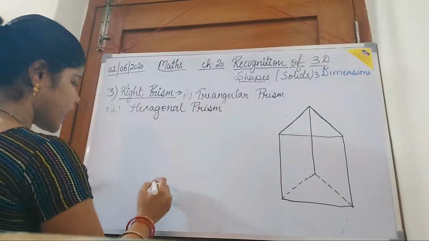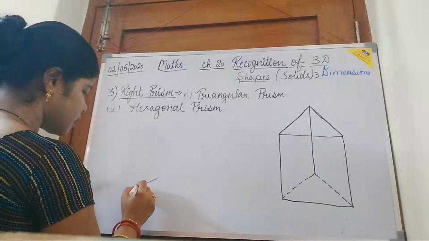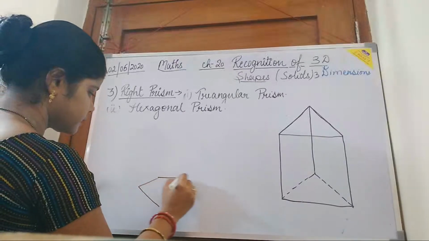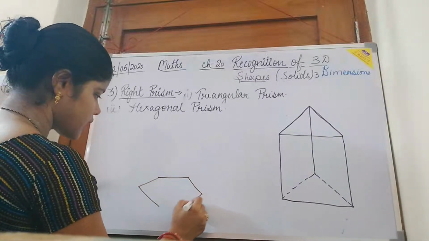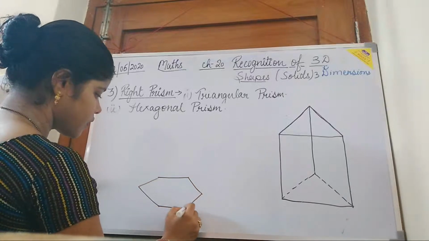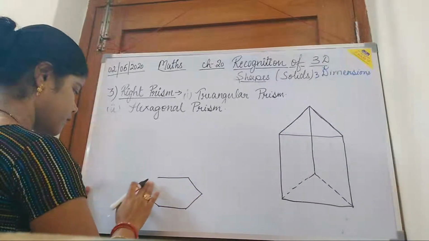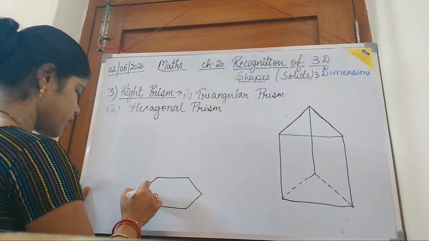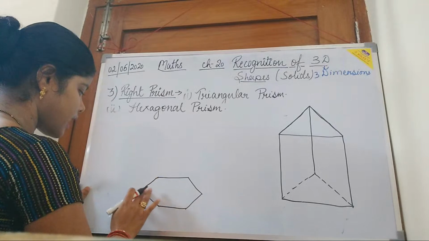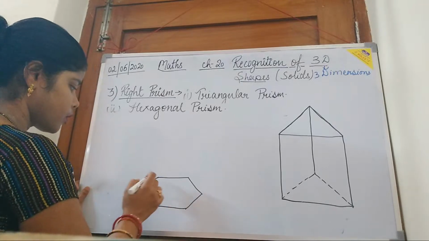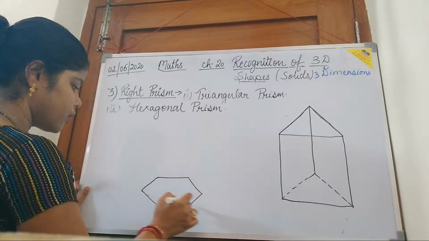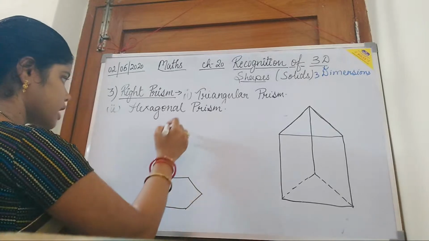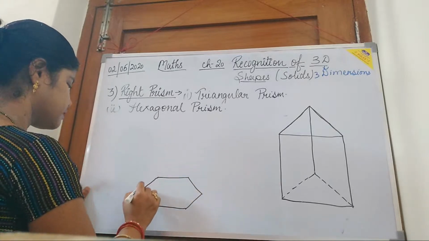So here we are going to draw a hexagon. Hexagon means which has 6 sides: 1, 2, 3, 4, 5, 6. Same, you are going to draw.